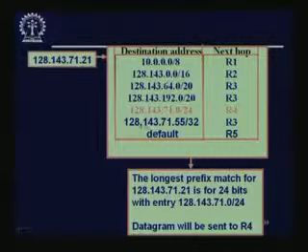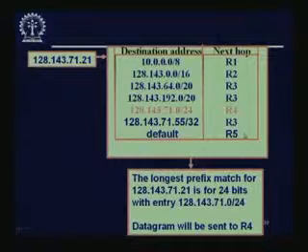Similarly, 128.143.71 is also matching here, but the next number is 21, which will match better in this rather than with this range. So, this is where the match will take place, and you will send it to router R4.